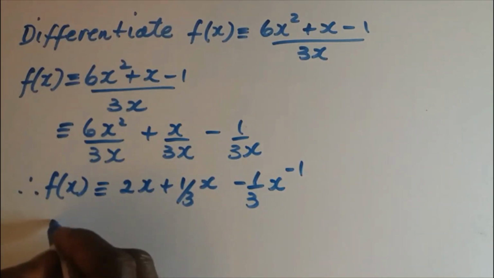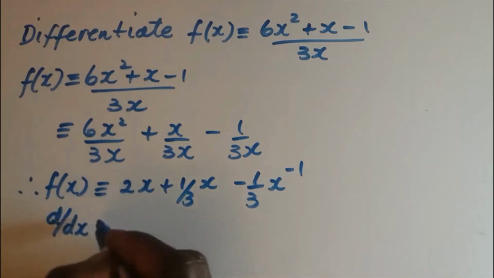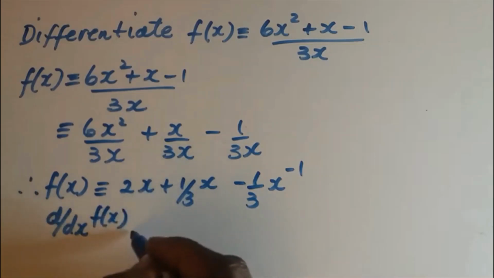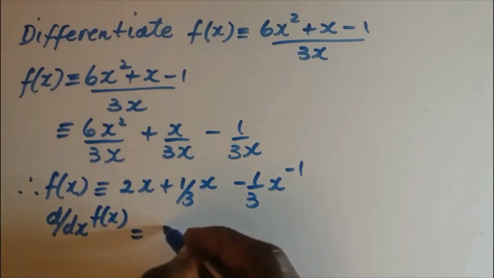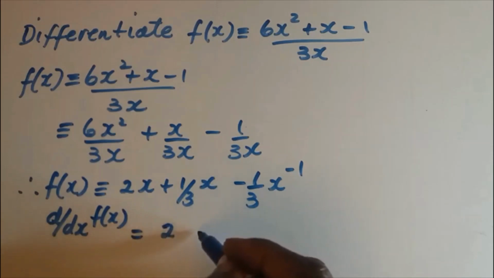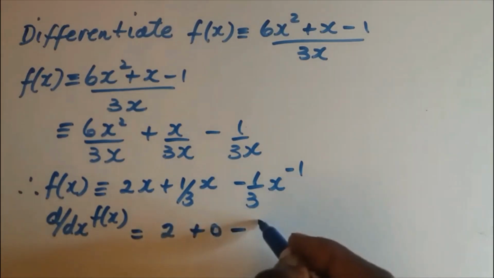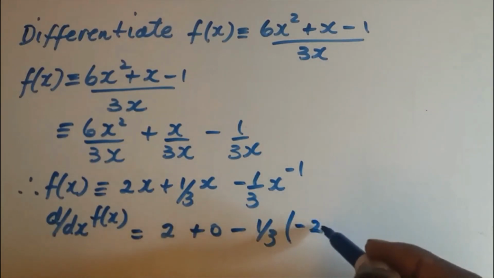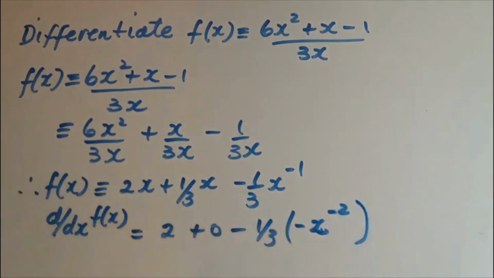So d/dx of f of x is equal to 2 add 0 minus a third, brackets, minus x to the minus 2, which gives us the final result of 2 add a third, or 1 over 3x squared.